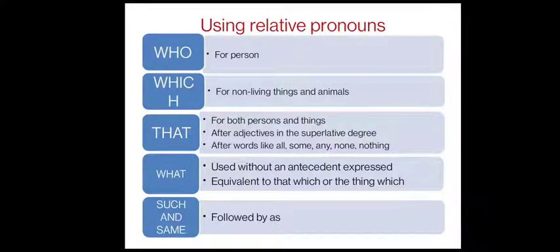Now let us see the use of relative pronoun what, that is used without an antecedent expressed, equivalent to that which or the thing which. Basically if the antecedent, the noun, is not clearly present, we are going to use the word what. Such and same are followed by as. So if as is there, we can use the words such and same.